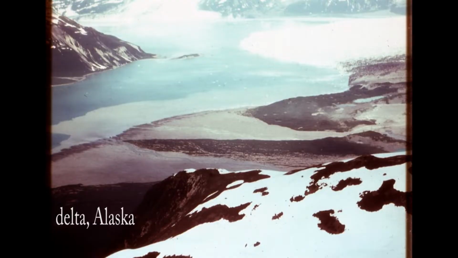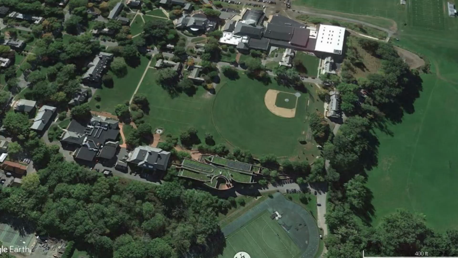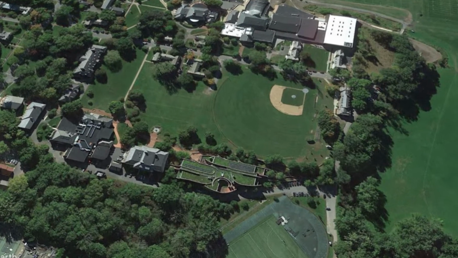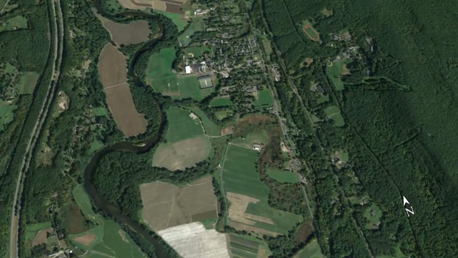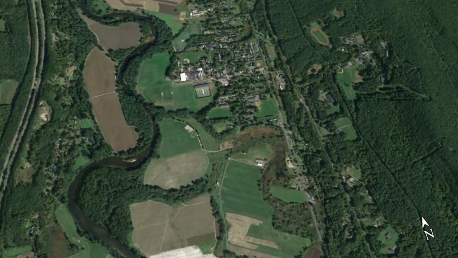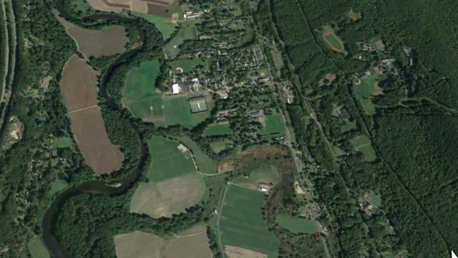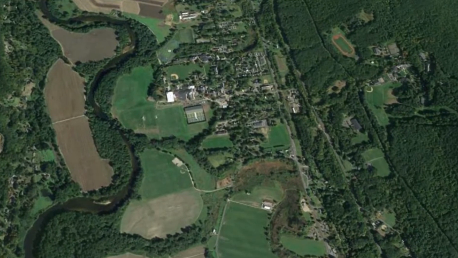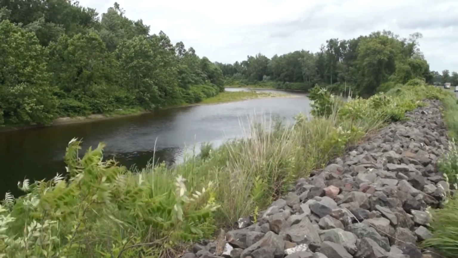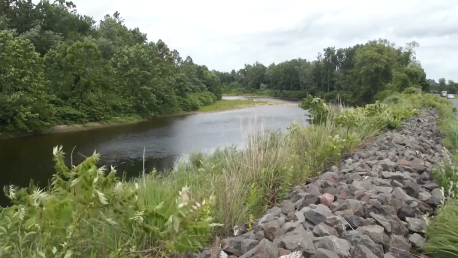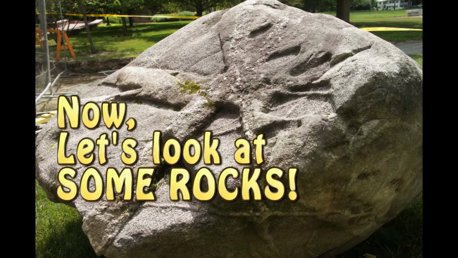The delta filled this valley up to an elevation of 300 feet, and that is 150 feet higher than Deerfield Academy. Over the past 14,000 years since Lake Hitchcock drained, the Deerfield River has been meandering as well as eroding downward, creating river terraces. Now, let's look at some rocks.